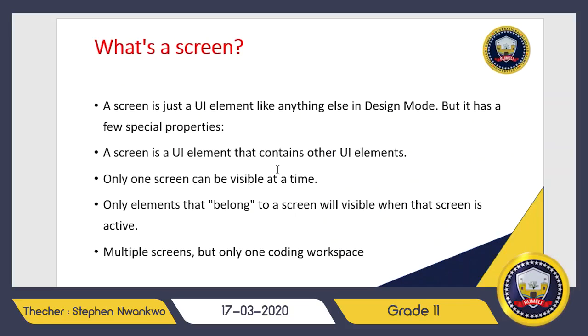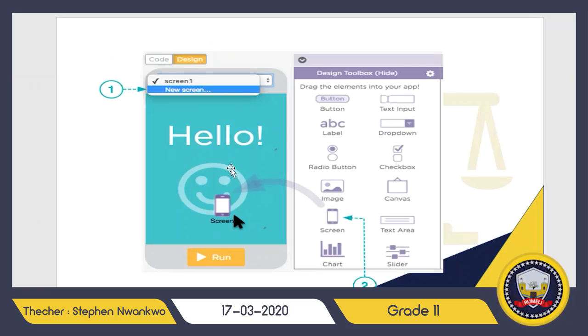And this screen has various properties. Let's take them one after the other. A screen is a UI element that contains other UI elements. This is one of the properties of a screen. Now let's look at this screen for example. Inside this screen we have the background image.